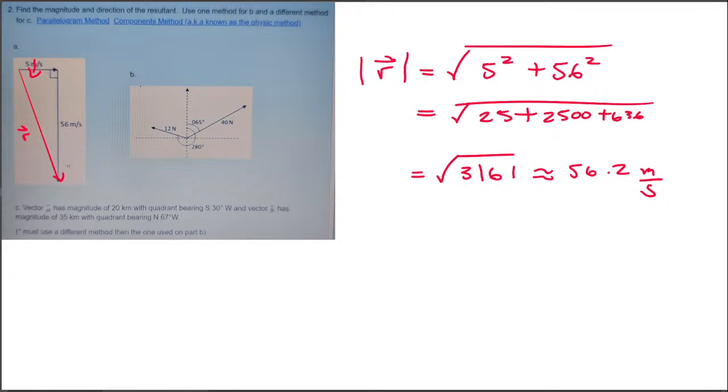We know all of the sides of this triangle, so I can just use the tangent to find this. The tangent is the opposite over the adjacent. So let's call that little angle there theta, and we'll say that the tangent of theta is equal to the opposite, which is 56, divided by the adjacent, which is 5. And then I need to break theta out of that triangle there.